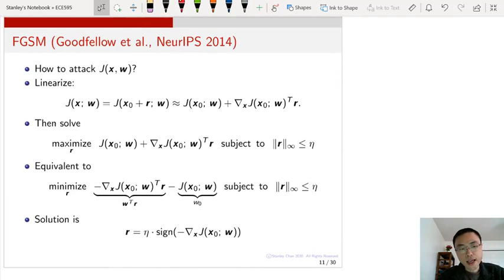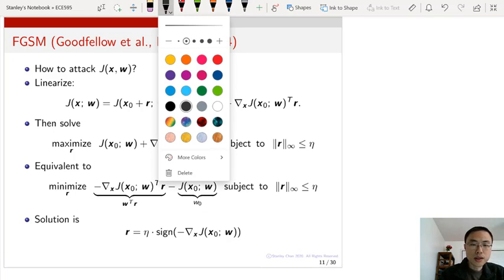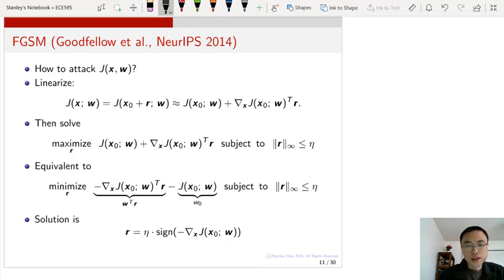So how do we attack a classifier like this? Now, recall what we have done in the minimum distance attack. When we are encountering a deep neural network, the standard strategy is to linearize the deep neural network. In this case, we're going to linearize our loss function as follows.